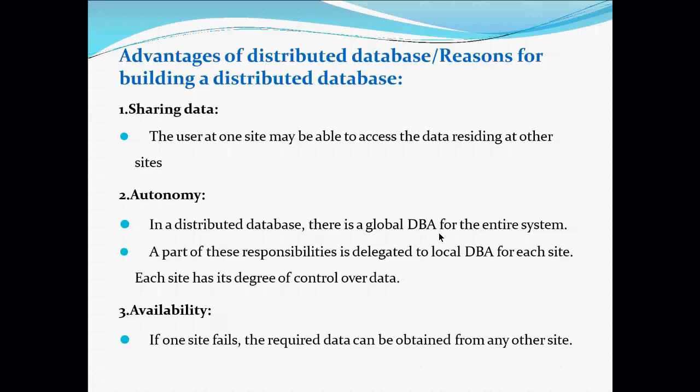Apart from the responsibilities delegated to a local DBA, each site has its degree of control over its own data. We have a common DBA who rules the full distributed system, or a local DBA who has control over that particular site alone. That way we can have autonomy in our distributed database.